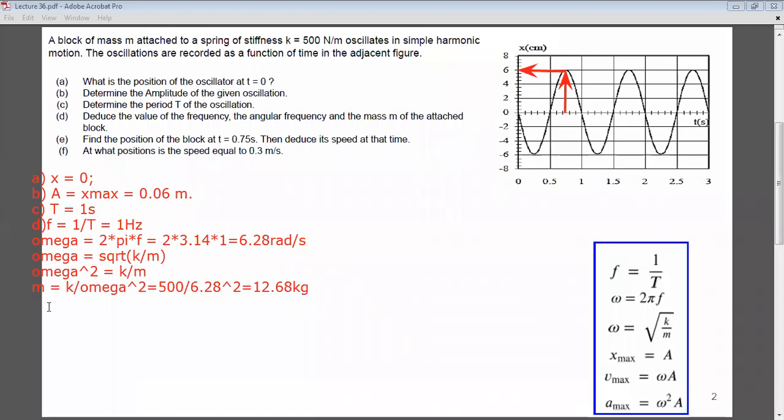So at t equal 0.75 seconds, x equal 0.06, which is x maximum.